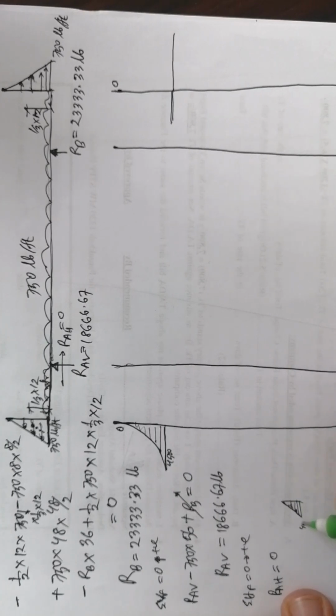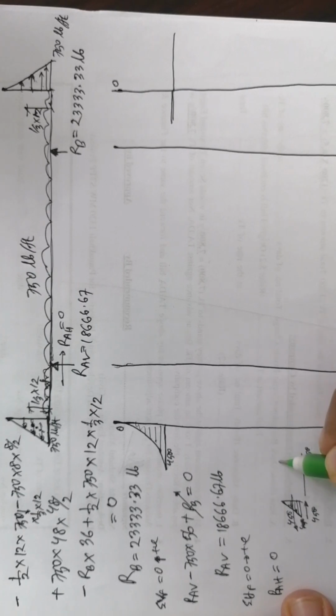So here 4500, the resultant force acting. Now this is also 4500 to this beam, also this beam 4500, and now force, this is 4500.